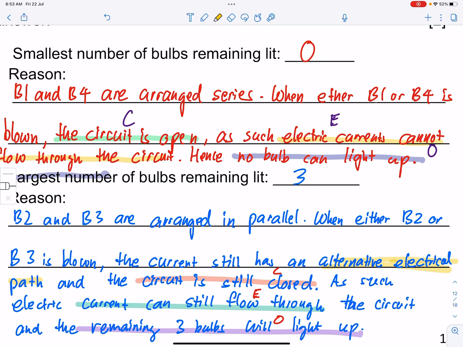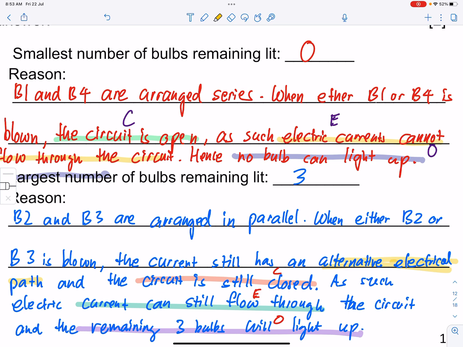So please memorize this statement. Basically, this statement is used to explain, I stress again, what happens.